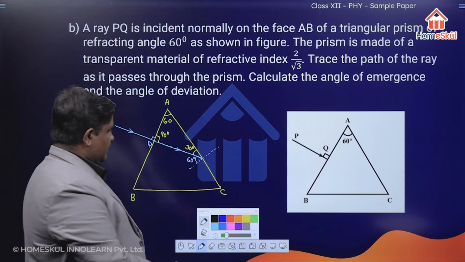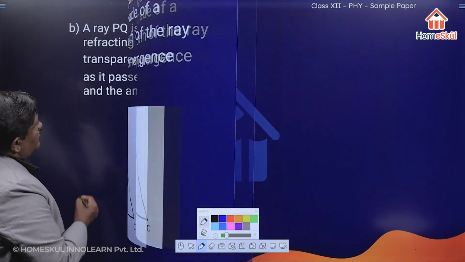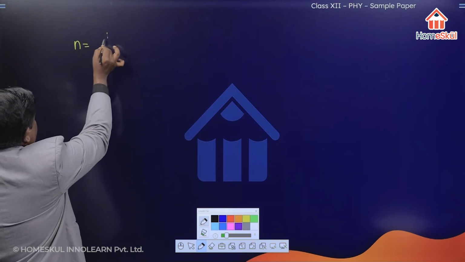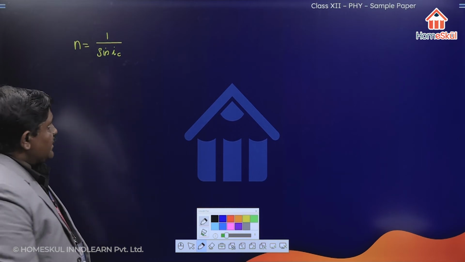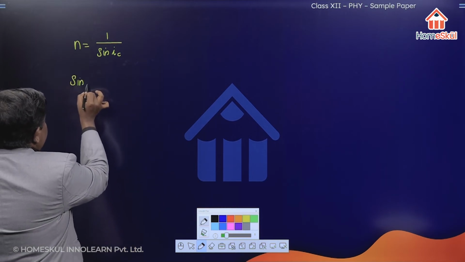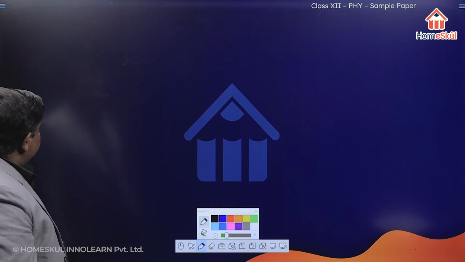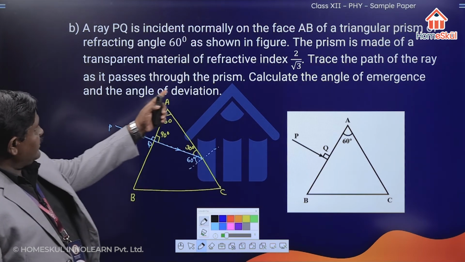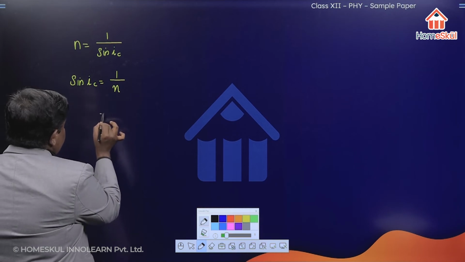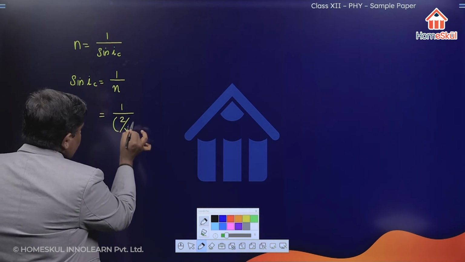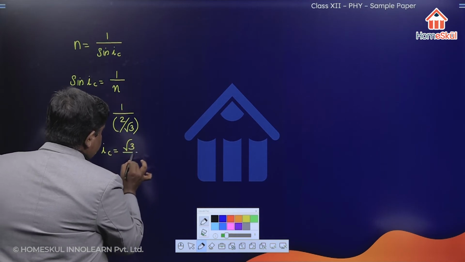So we find the critical angle using the equation n is equal to 1 by sine IC, so sine IC is equal to 1 by n. According to the question, the refractive index of the prism material is 2 by root 3. So sine IC is equal to root 3 by 2.